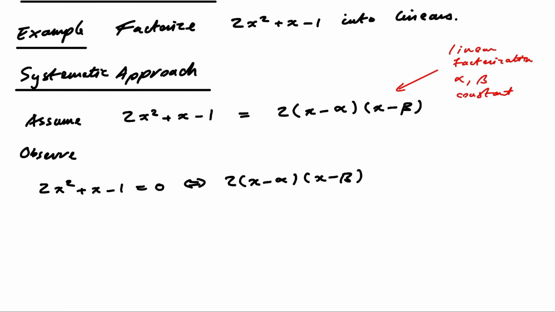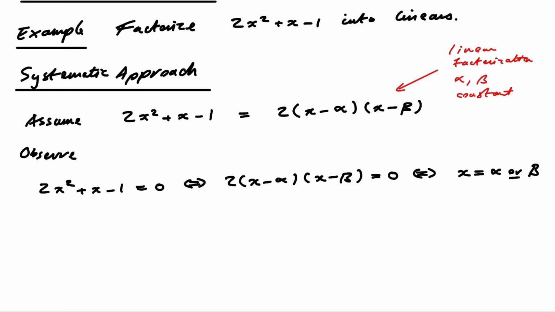Well, what are the options? 2 is not 0. So by the zero product property, either x minus alpha is 0 or x minus beta is 0, or both. If x minus alpha is 0, x would have to be alpha. If x minus beta is 0, x would have to be beta. So we are forced to have x is alpha or beta.